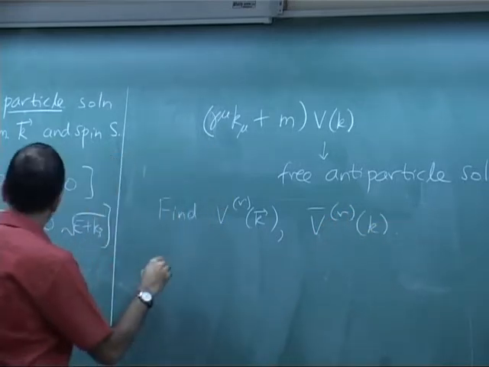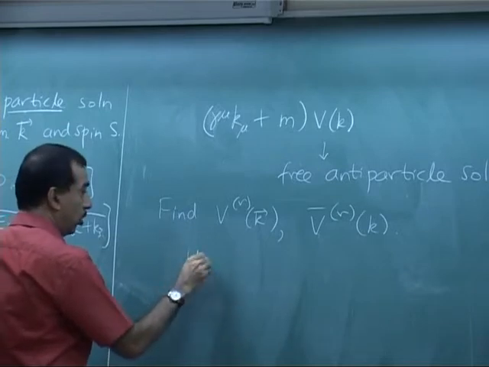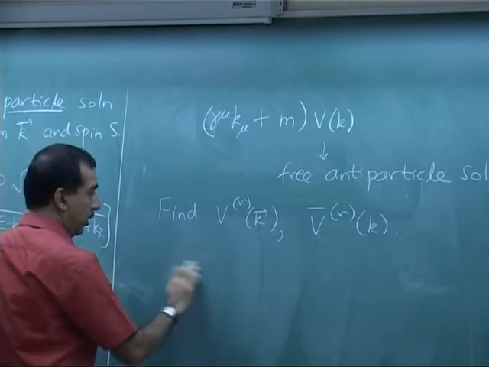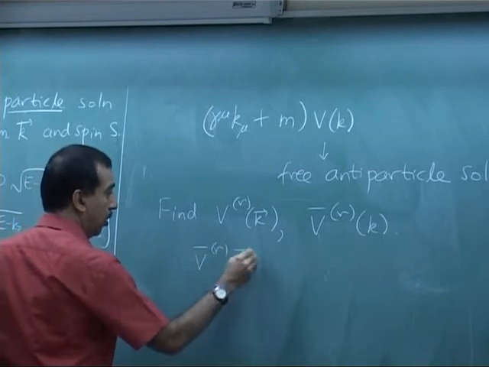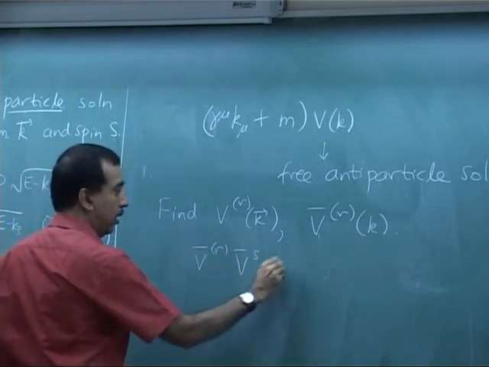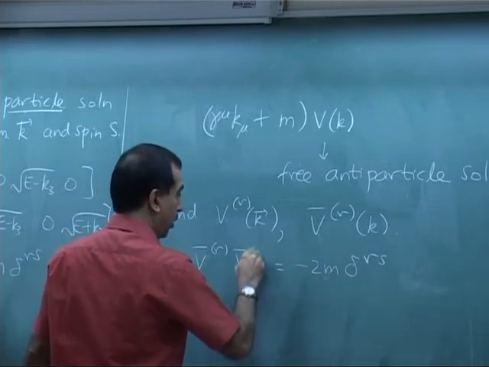And the new result, analogous to this one, is that V bar r, V s is minus 2m delta rs.